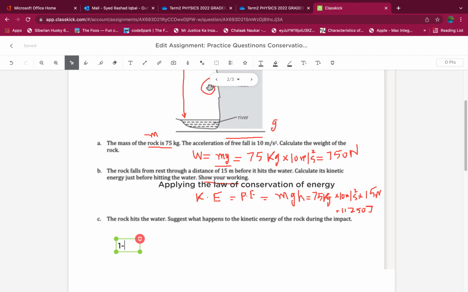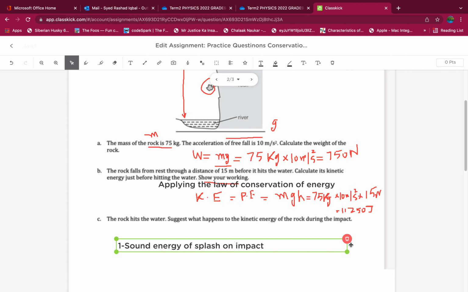Number one, you can write sound energy of the splash on impact with the water. This is one of the uses of the kinetic energy.